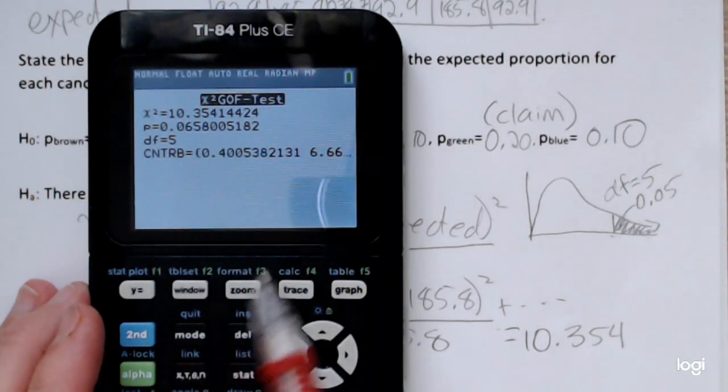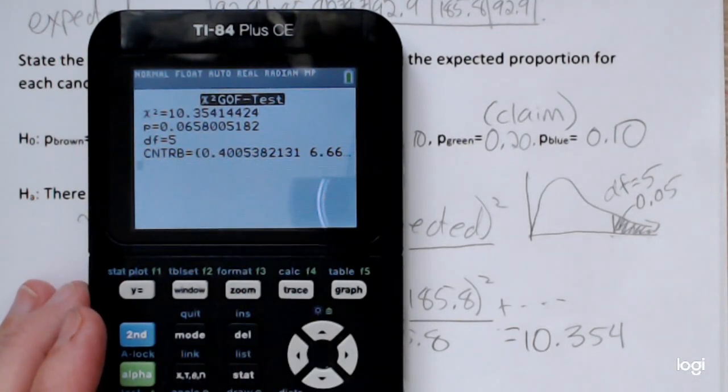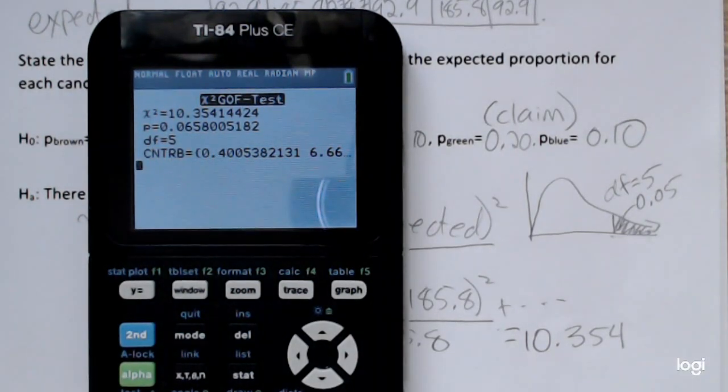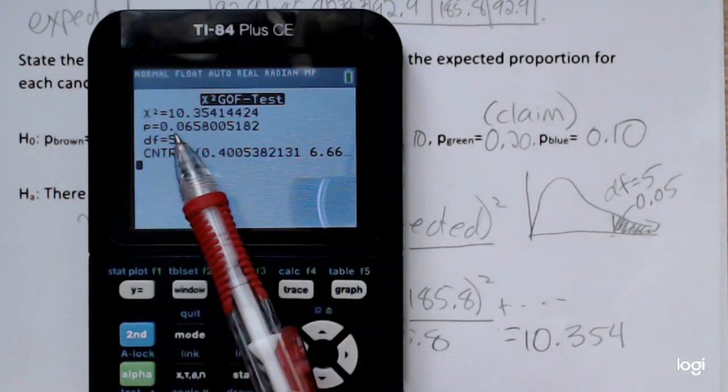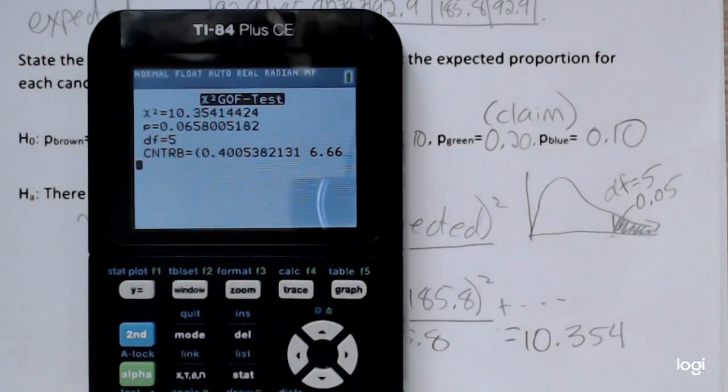Most chi-square tables are limited, just like the t-table, so to use the table to find the p-value, the best you would get would be an interval that contains the p-value, so it's not as accurate. So this p-value is 0.066.